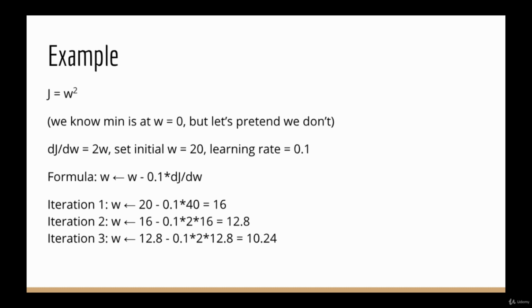On the third iteration, we get 12.8 minus 0.1 times 2 times 12.8. That gives us 10.24. So you can see that on each iteration, we get closer and closer to 0, but we take smaller and smaller steps because when we get closer to 0, the slope gets smaller. Let's try this in code and see if we can get all the way to 0.